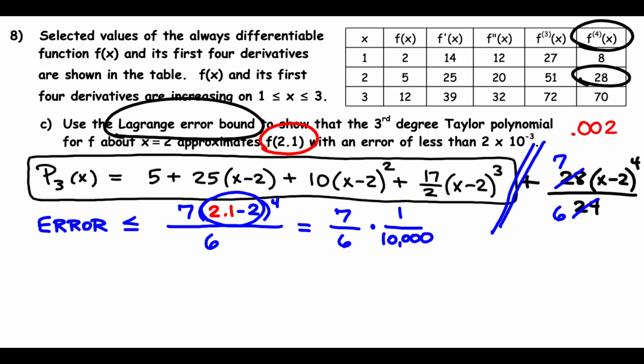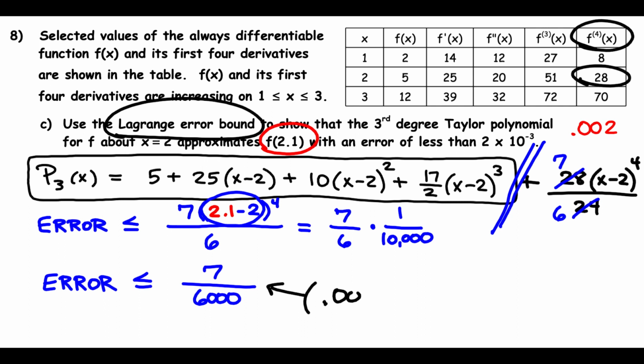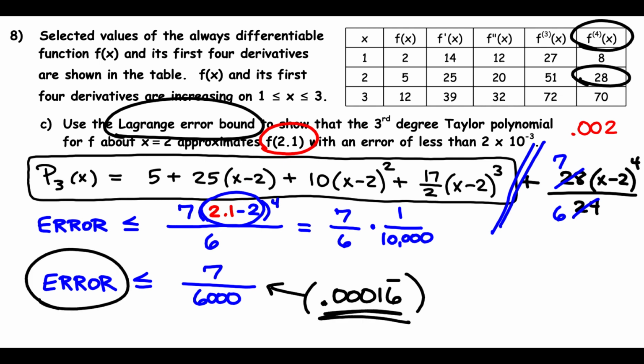And so you can see that the error is going to be less than or equal to 7 over 6,000. By the way, 7 over 6,000 as a decimal is 0.0001666, and the 6's repeat. So if the error is less than or equal to 0.00016, it's certainly going to be less than 0.002.